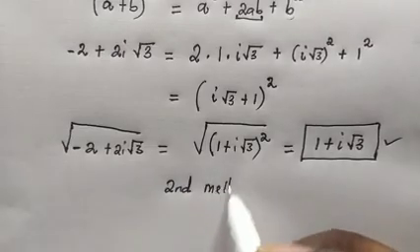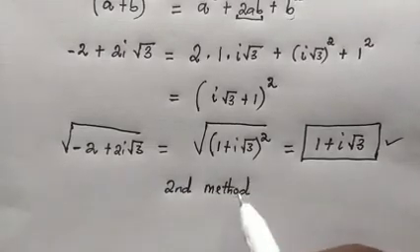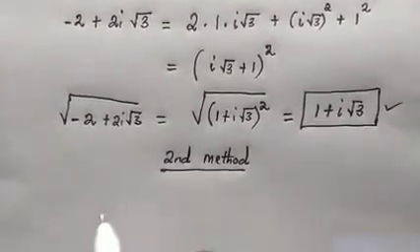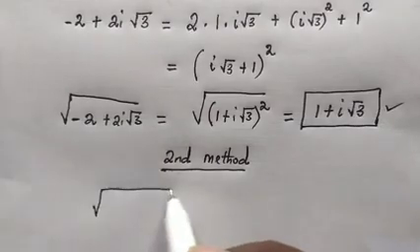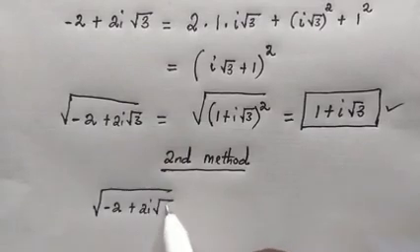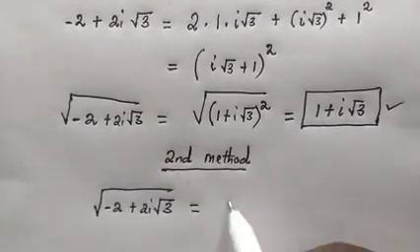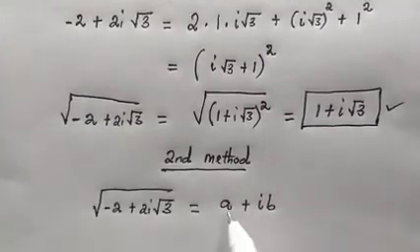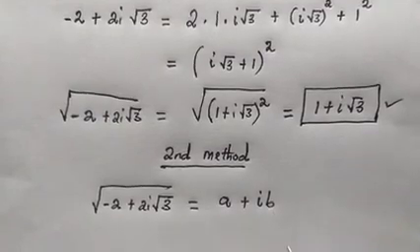So for the second method, we know the square root of a complex number gives a complex number, right? So we can say let the square root of -2 plus 2i root 3 equal a plus i times b, where a is the real part, b the imaginary part.